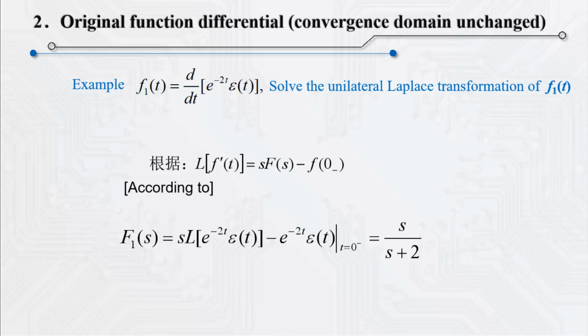And the Laplace transformation of e to the minus 2t epsilon(t) is 1 over s plus 2. So the Laplace transformation of f1(t) is s over s plus 2.